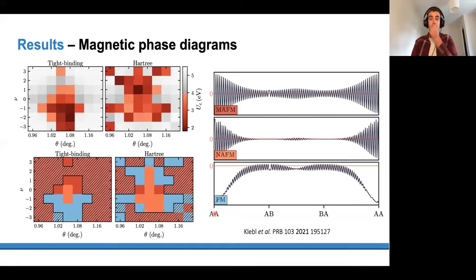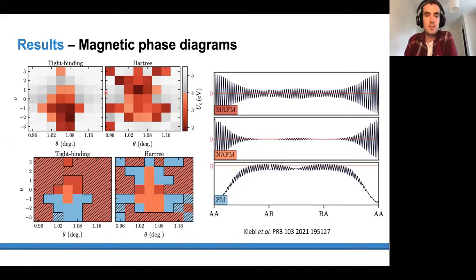Right, so now we can look at the results for this, and the top left-hand side are two panels. What I'm showing you is the critical on-site Hubbard parameter required for the onset of a magnetic phase as a function of doping and twist angle for two different approximations. So the tight binding, where we don't have any electron interactions, and the Hartree case, where we are including these interactions.